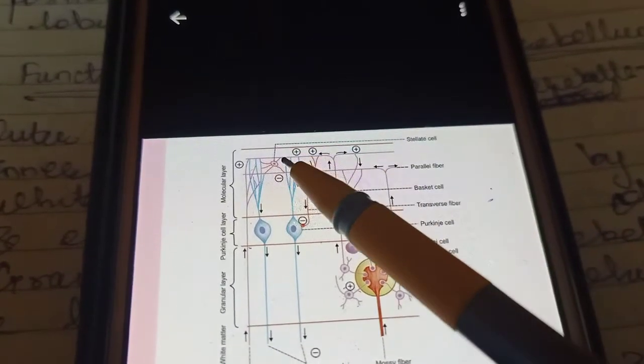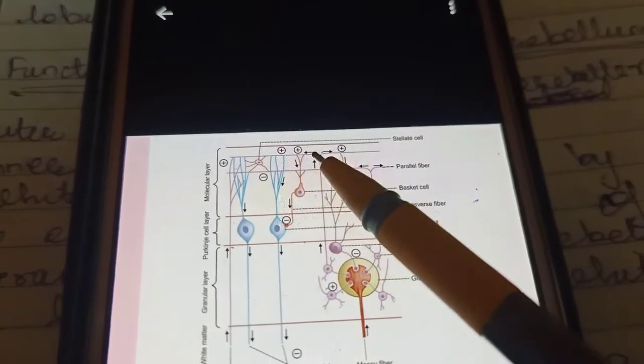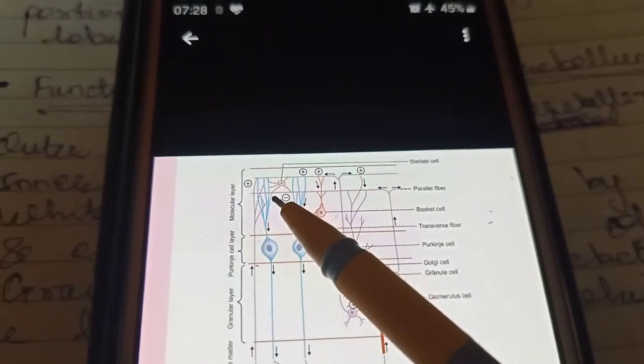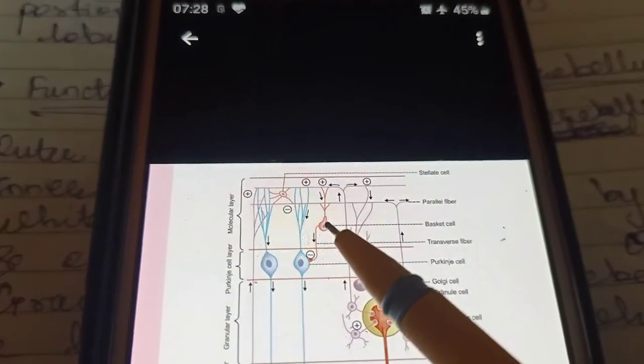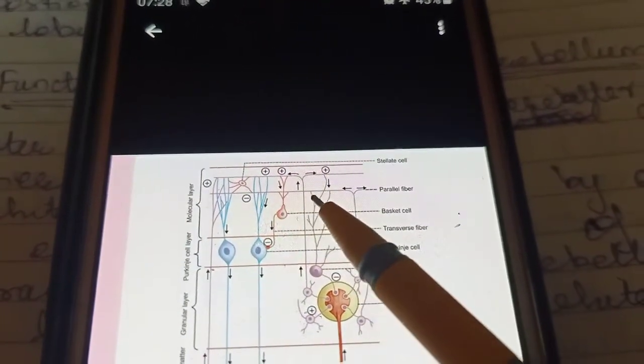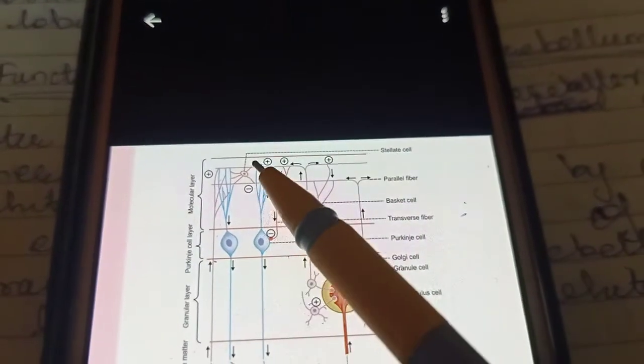This is the stellate cell and the dendrites of the basket cell. They synapse where? With the axons of the granule cells, that is the parallel fibers.